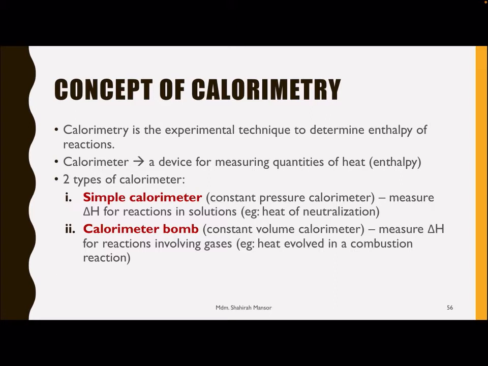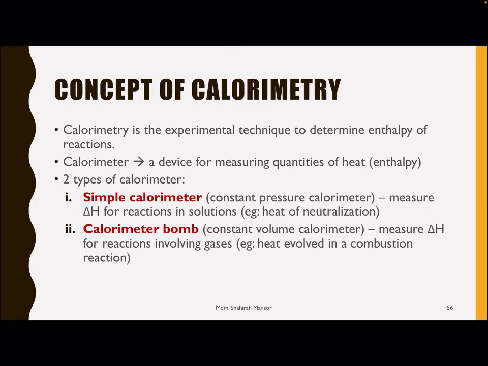So we do have two types of calorimeter. We have the simple calorimeter, or the other name is constant pressure calorimeter. The simple calorimeter is usually used in order to measure heat of neutralization or enthalpy of neutralization. And the other type is the bomb calorimeter, which is a constant volume calorimeter.